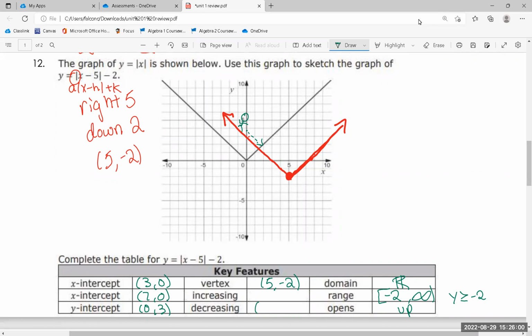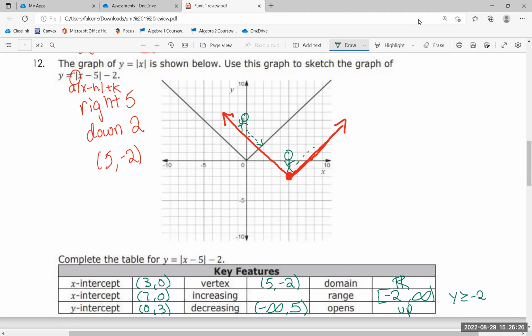So for what x values is our little person going down the graph? It looks like I have all these negative x's over here. So from -infinity up until he gets to the vertex, so up until 5, that's when he'll start going up. So he's decreasing from -infinity up until 5.